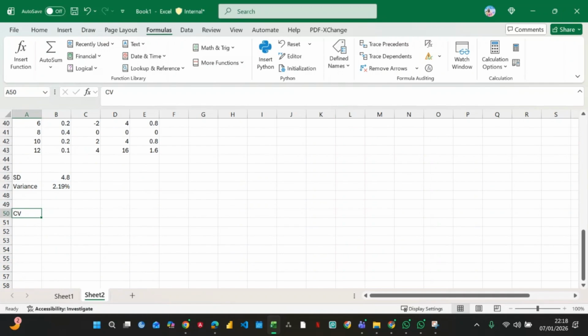So let's continue. We are going to do the CV, the coefficient of variation. After we do all this, we use them to determine the level of risk we have to face at the end of the day.